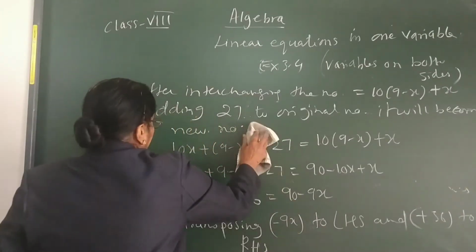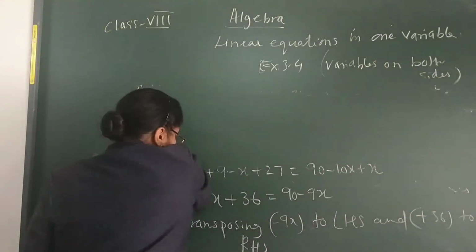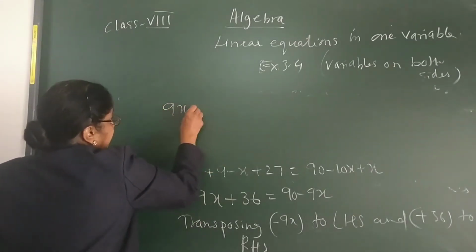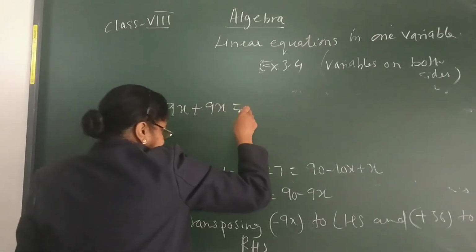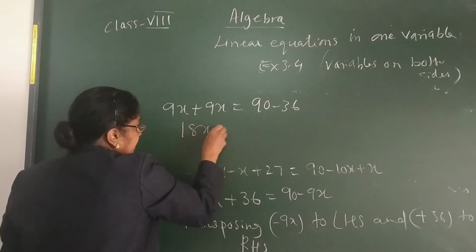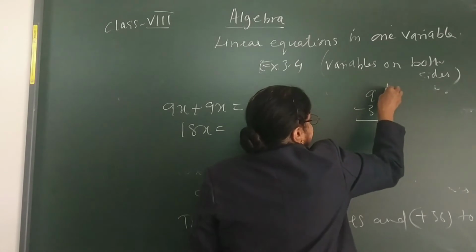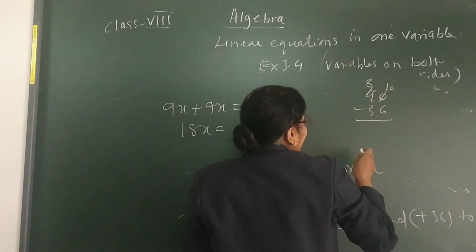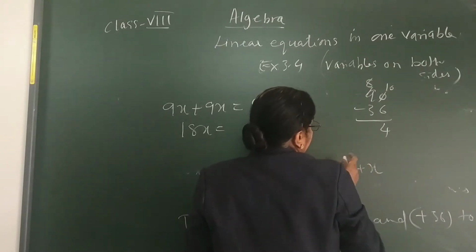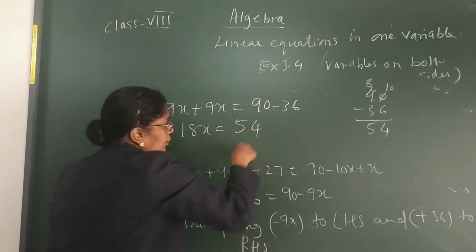The equation will change now. 9x will remain as it is. So that minus 9x will become plus 9x is equal to 90 minus 36. 9x plus 9x is 18x. 90 minus 36: 10 minus 6 is 4. 8 minus 3 is how much? 5. So how much you got? 54. So 18x is equal to 54.